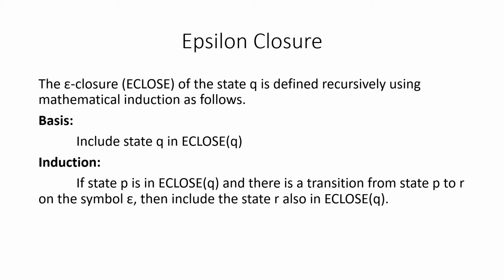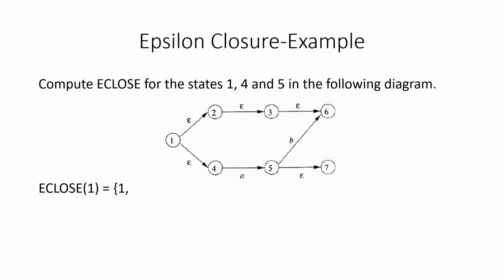In induction, suppose some state P is already in the E-close of Q, and there is a transition from state P to R on the input symbol epsilon, then we have to include R also in E-close of Q. What do we infer from this? For some state in the automaton, if there is an epsilon transition from that state to some other state, then we have to include the destination state also. We will refresh this again with an example.